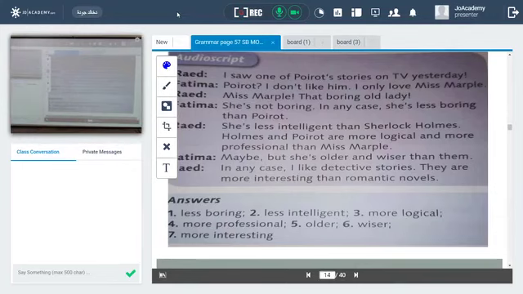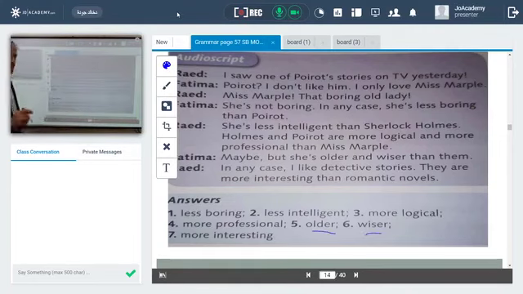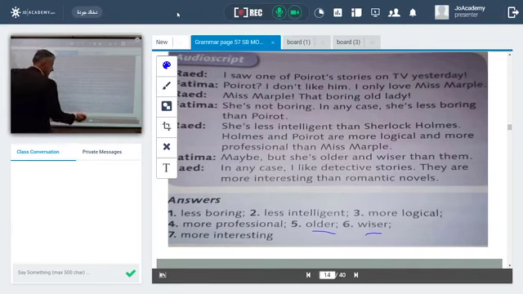So we have only older and wiser, from the short adjectives. The rest are longer adjectives. That's why we use more or less with them. So now let's move to the next.